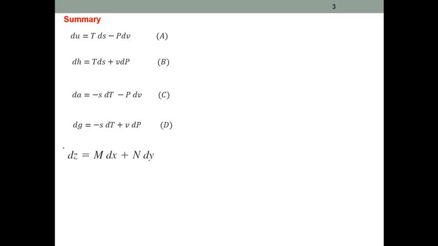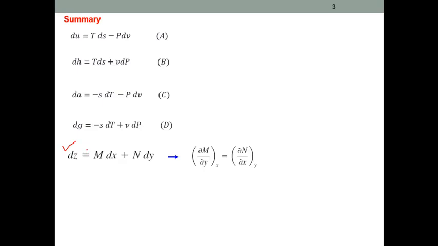We know that in the previous lecture we derived this generalized form of the total differential, dz equal to Mdx plus Ndy, where M is equal to the partial derivative of M with respect to y when x is constant, and similarly N is equal to the partial derivative of N with respect to x when y is constant.